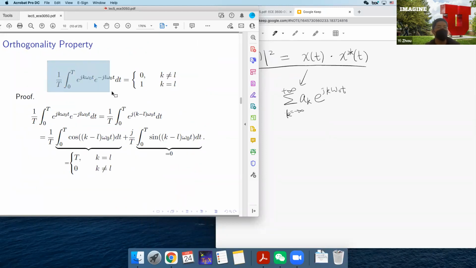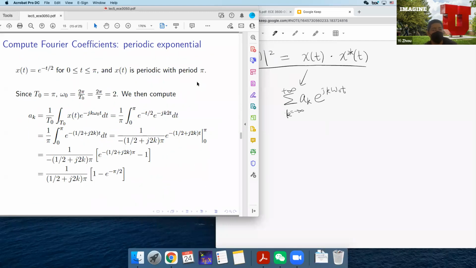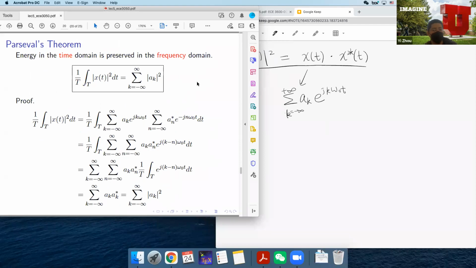This integration, 1 over T integration of these two complex exponentials, is just a binary indicator, indicating whether or not this index k equals l. Okay, so let's remember that. And with this result, going back to here, basically this entire integration is an indicator function of k equals n.